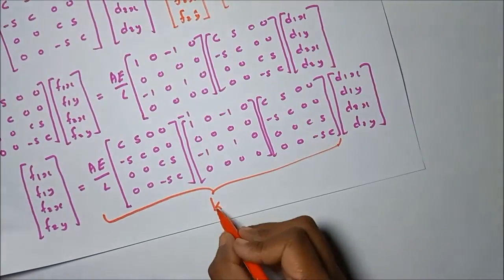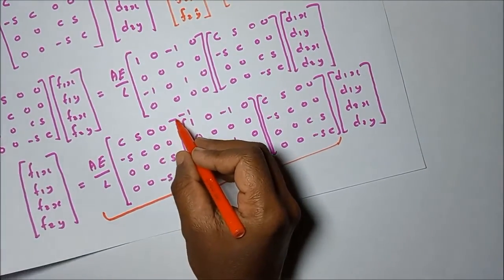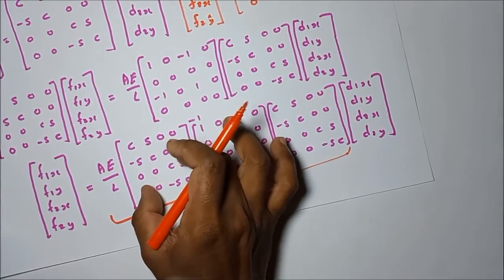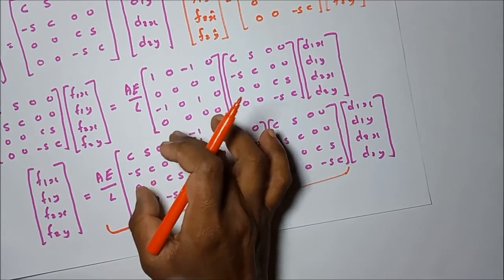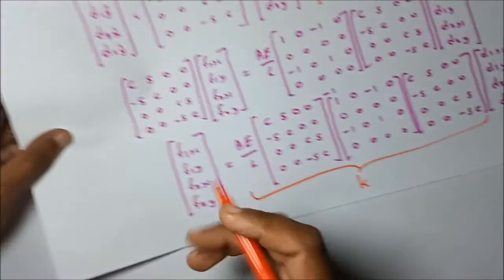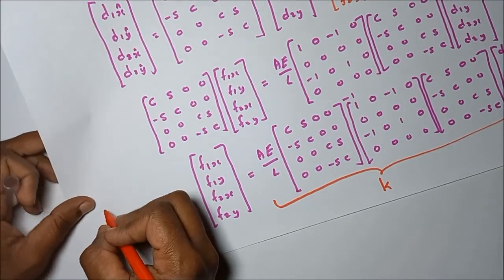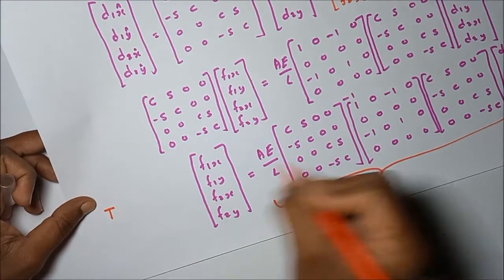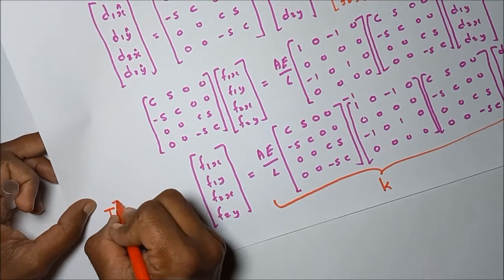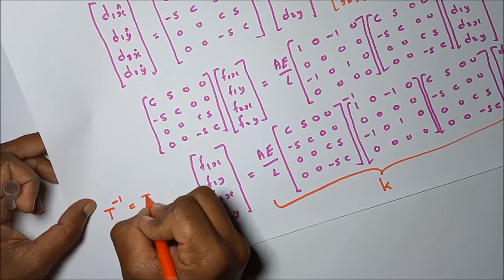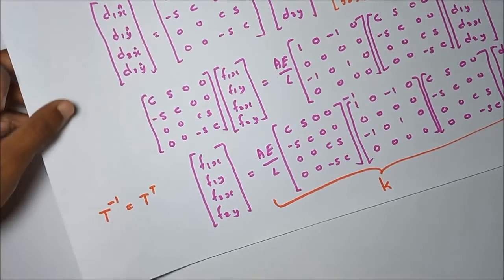Then I will write K by including the transpose of this matrix, because this is an orthogonal matrix, the inverse is equal to the transpose. That means if this matrix is T, its inverse is equal to its transpose for orthogonal matrices.